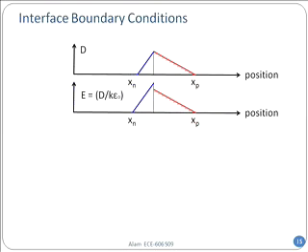Another thing about interfaces, remember, displacement is continuous. If you have the same material on both sides, then the electric field as well is continuous. But if you have two different materials with two different dielectric constants, then the electric field is not continuous. It is only the displacement that is continuous. So be careful when you draw the diagram, whether it's continuous or not.